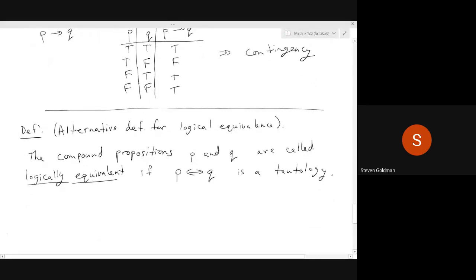And as always, we use the triple equal sign to denote logical equivalence.